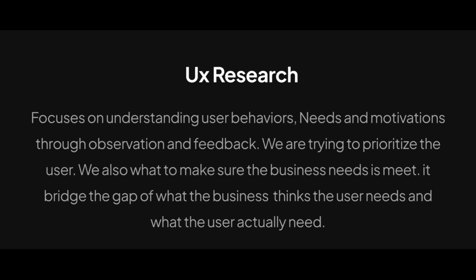UX research focuses on understanding user behavior, needs and motives through observation and feedback. So you need to understand the needs of the user. Most times you need to go as far as observing them. There are some scenarios where you need to interview the user you're designing for.